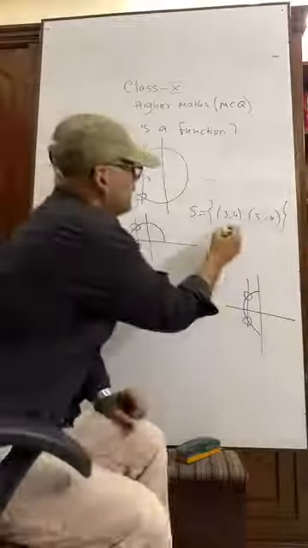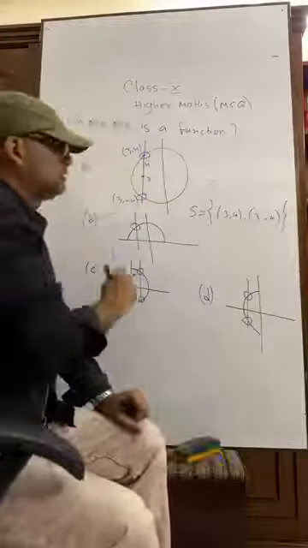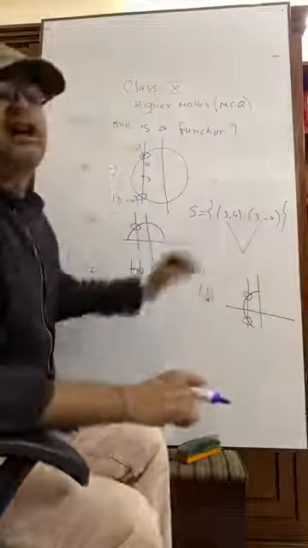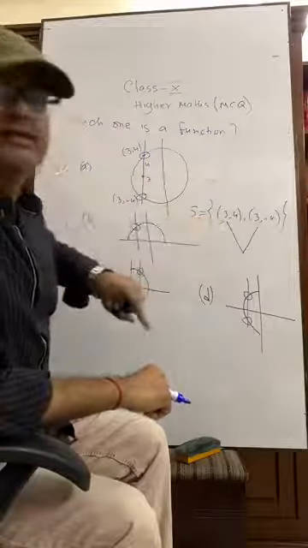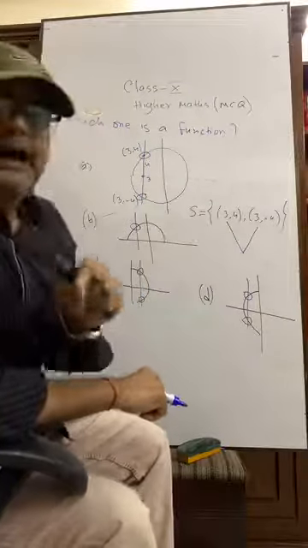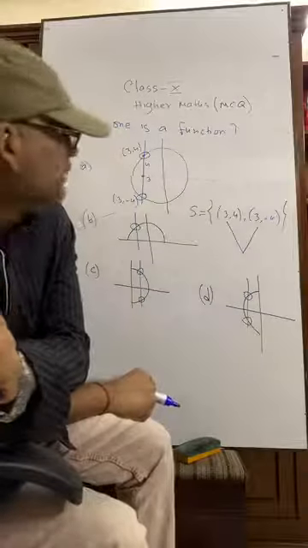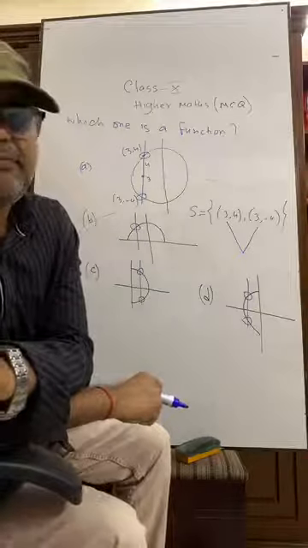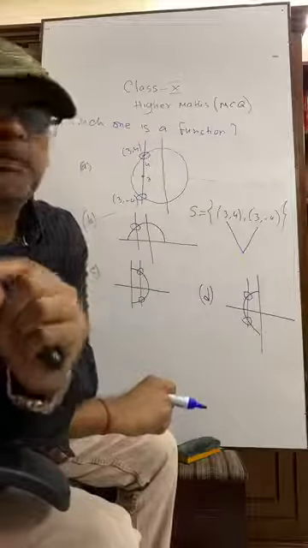Because in the ordered pairs of the set, we have the same first elements. Here the first elements are the same. And we know if in a relation we see that the first elements have been repeated, then it's not a function.